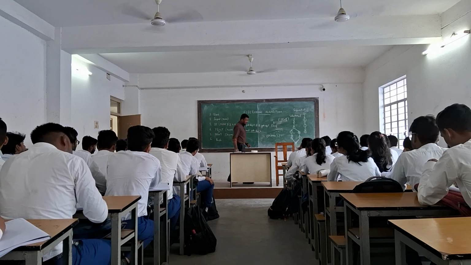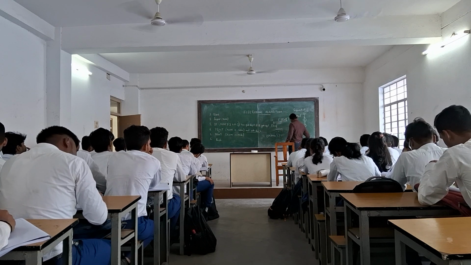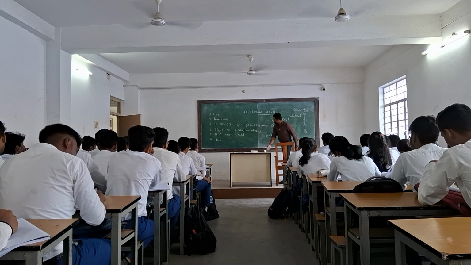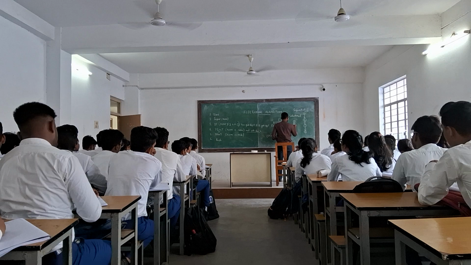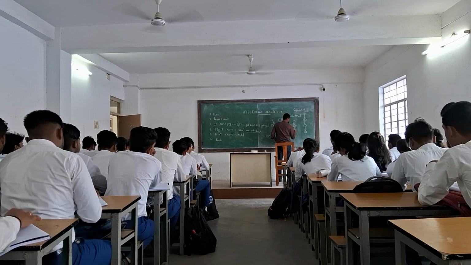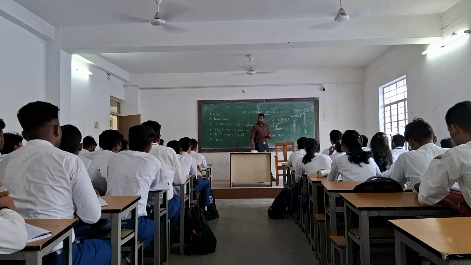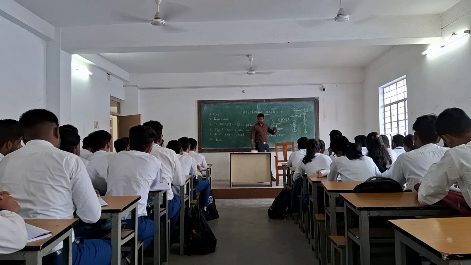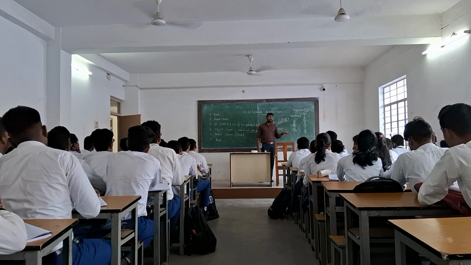Means here the selection path is like that: 1, 2, 3. In 3 there is a question mark. Means I am checking a condition. Question mark means what? It is checking that condition.